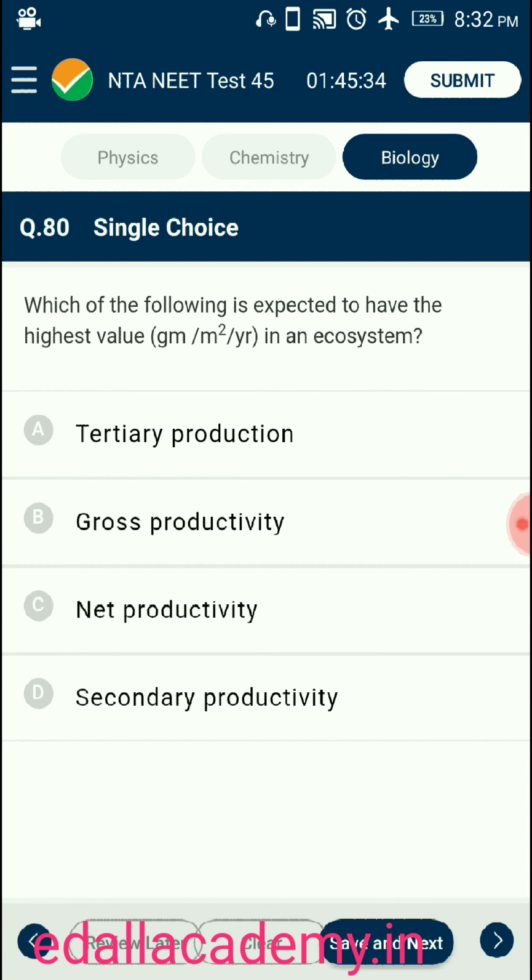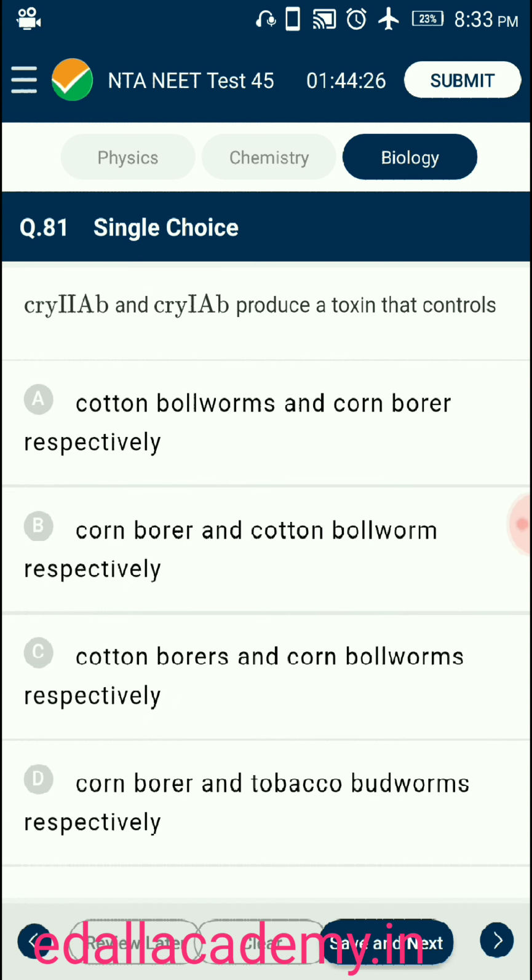Question number 80. Which of the following is expected to have the highest value in an ecosystem? Of biomass produced by plants per unit area per unit time. GPP is the rate of production of organic matter during photosynthesis. So the answer is option B, gross productivity.